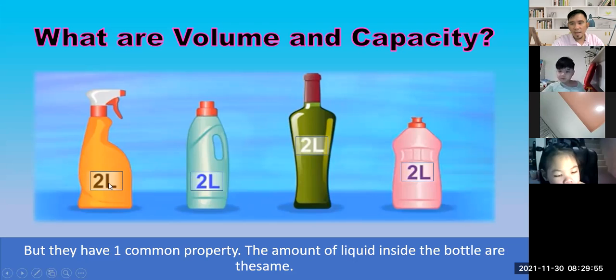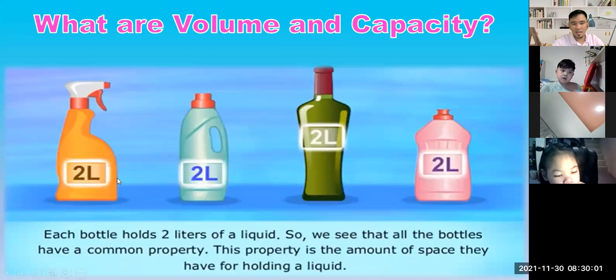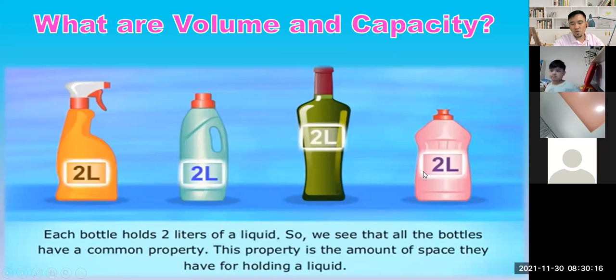When we say 2L, L means liters. In Thai we call it 2 lit. So each bottle holds 2 liters of liquid. So all the bottles have a common property.